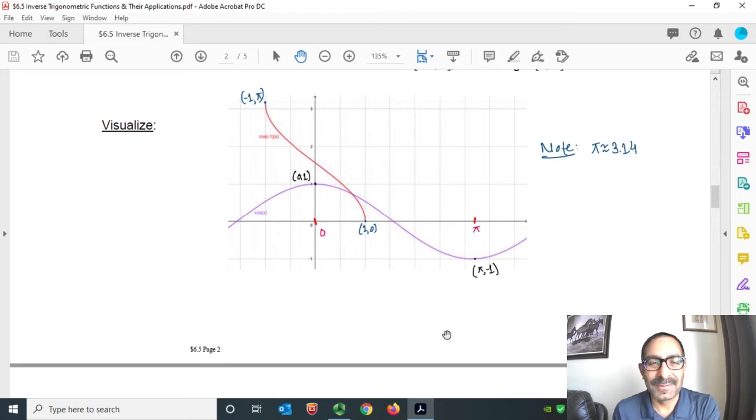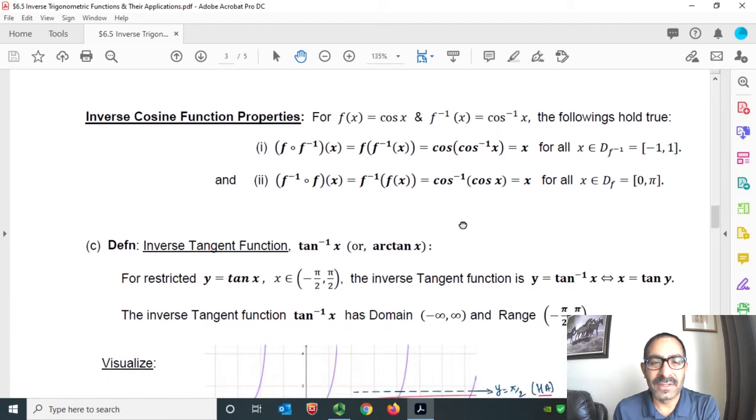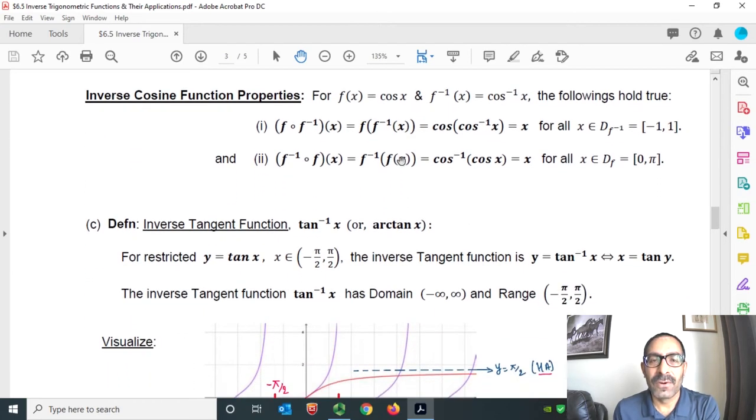Now let's move on. Next, let's talk about inverse cosine function properties. For f(x) equals cosine x and f inverse of x equals cosine inverse x, the following hold true.